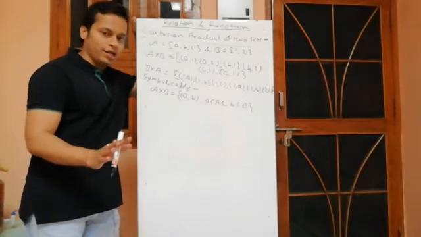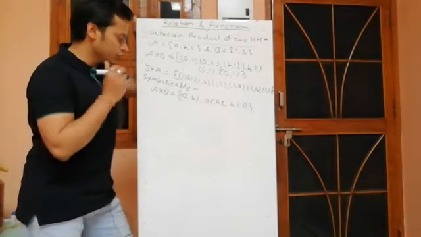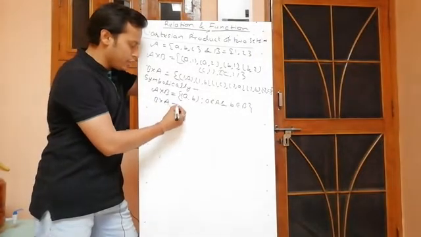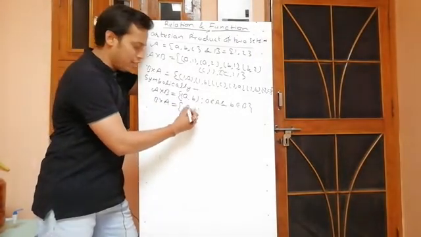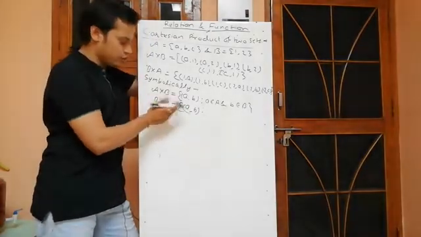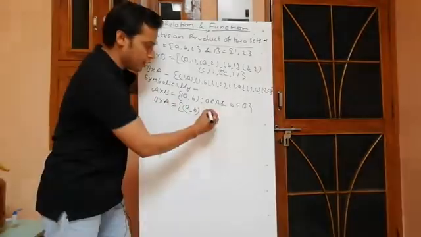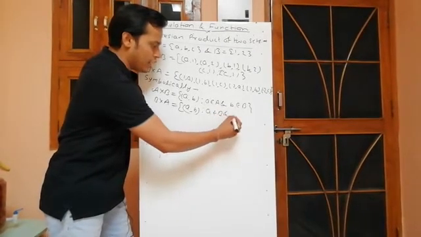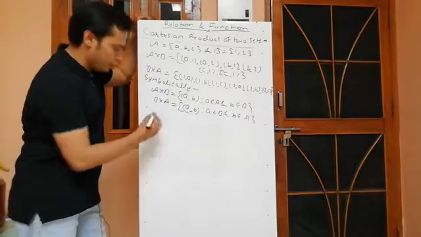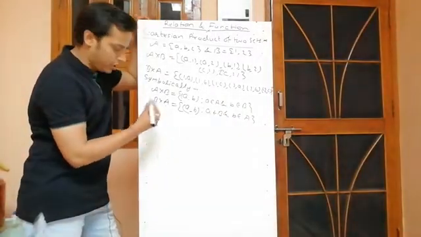Similarly, B cross A you can also write. How to write B cross A? Again the element is like (a, b), but now the first one belongs to B and the second one belongs to A. Like this. Now, we have some important things about the Cartesian product.